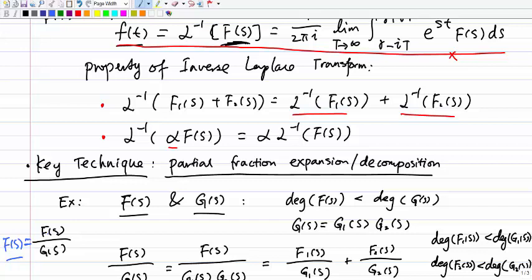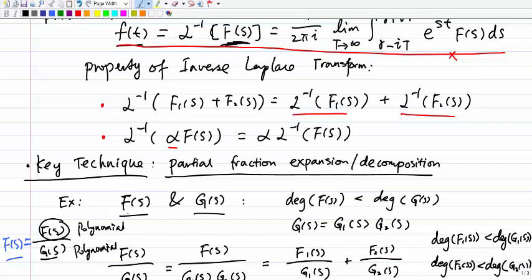So it's given by F(s), which you also call the numerator, and this is just a polynomial. G(s) is also a polynomial. So we're talking about the inverse Laplace transform for a fraction, a polynomial of s divided by another polynomial of s. This is the typical form for which we need to find the inverse Laplace transform.